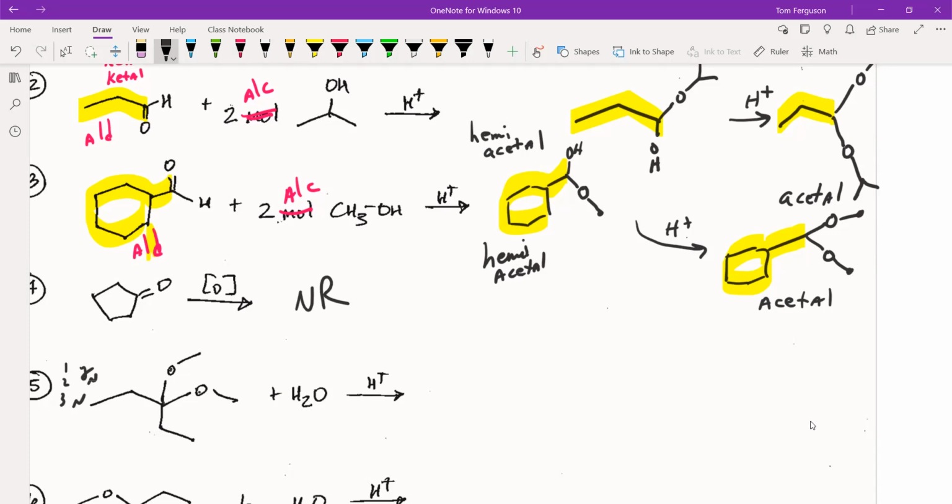So what we have is a ketal that originates from a ketone. That means when we hydrolyze this, throw in water, we're going to end up with a ketone in the end. Okay, so let's look at the backbone, so that is a 1, 2, 3, 4, 5 carbon backbone.